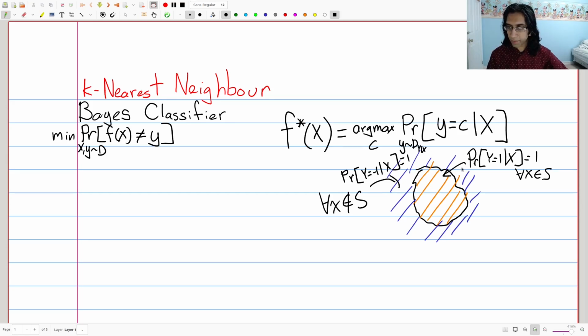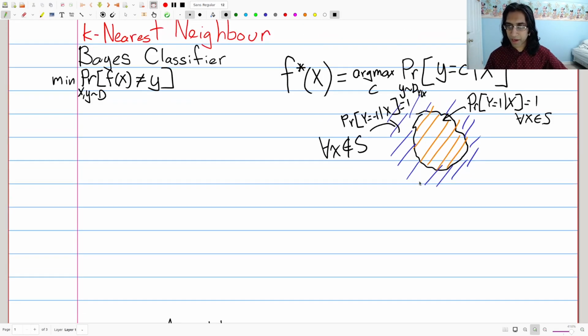Well, the Bayes optimal classifier, which recall knows these probabilities, would easily get perfect accuracy. For any point x in the set, which it magically knows because it's very powerful, it would predict a 1, and anything outside that set it would predict a -1, just because that's the most likely value for the label, in fact, with probability 1.